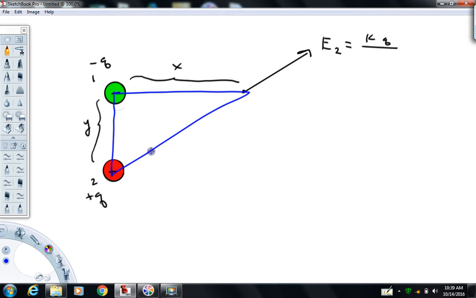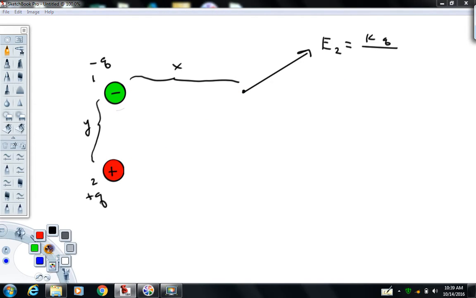So the hypotenuse squared is going to equal x squared plus y squared. So I'm going to just put x squared plus y squared for the distance squared. Now I should also put this angle in here. It doesn't really matter what angle I choose. I'll go ahead and put an angle right here, theta, and I'll deal with that later.